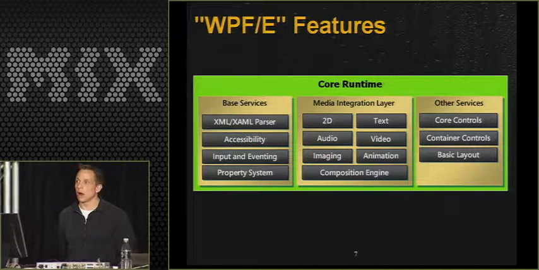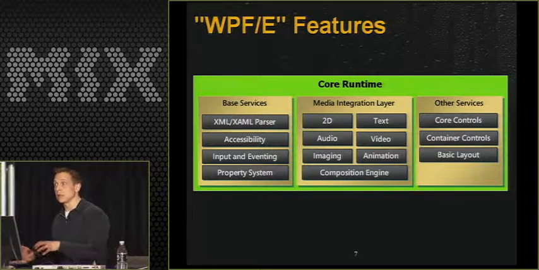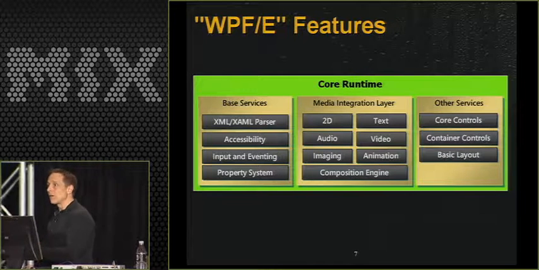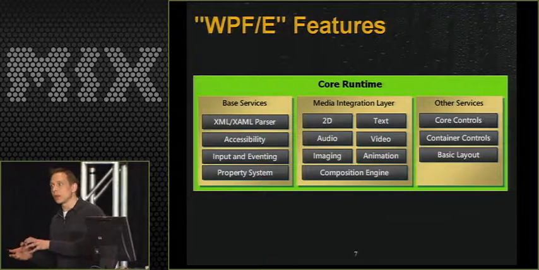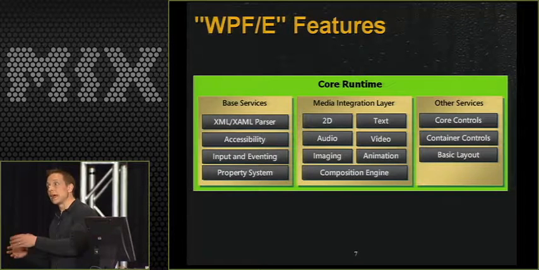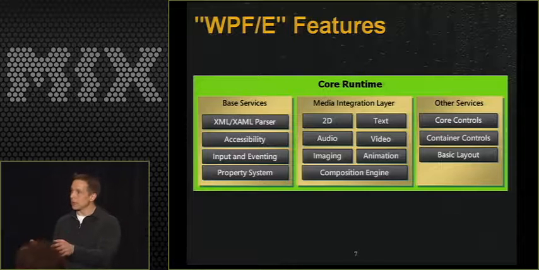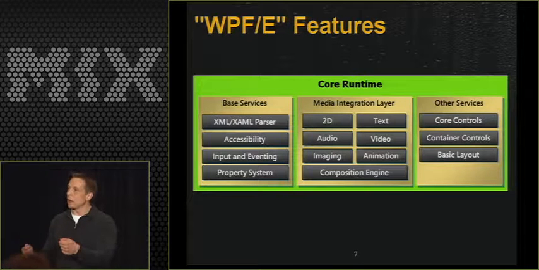So our JavaScript programming model leverages the JavaScript engine in the browser. We have another programming model that allows you to use C# or VB.NET or JScript.NET, for example, to program against it as well, and that's the IL model.